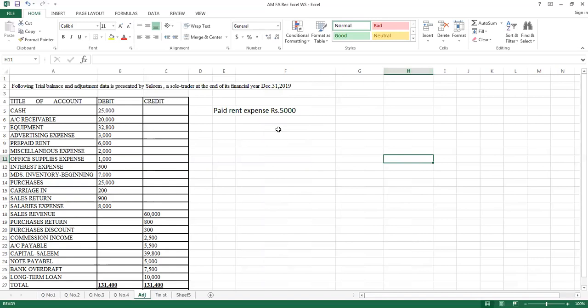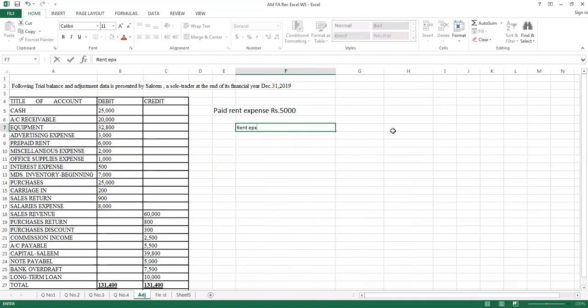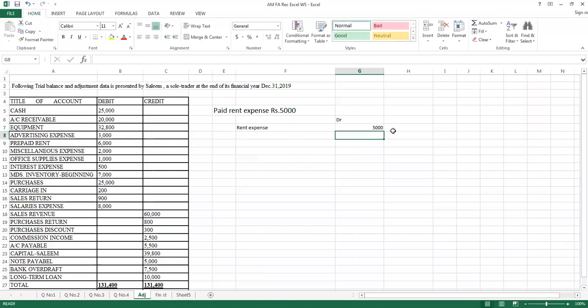I'm giving you a pause so that you can decide what the entry should be. Rent expense should be debited by 5,000 and cash should be credited by 5,000.